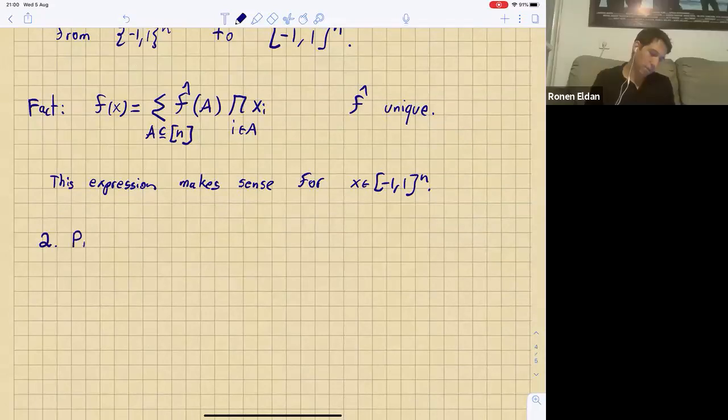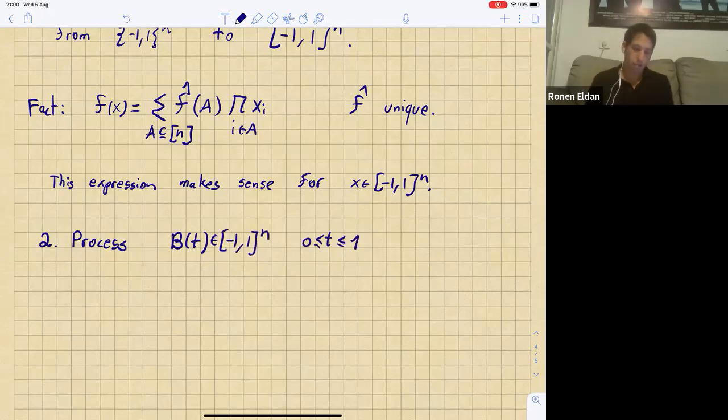So our second ingredient is going to be a process Bt, a stochastic process, where t is between 0 and 1, and Bt lives inside the continuous cube.